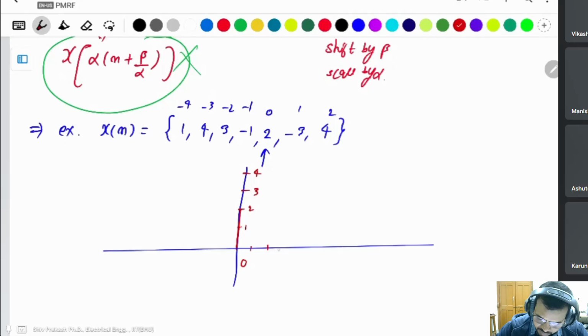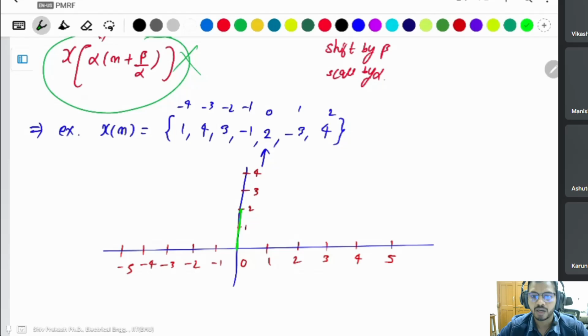Axis marks 1, 2, 3, 4, 5 and minus 1, minus 2, minus 3, minus 4, minus 5. This is a 2 at 2.